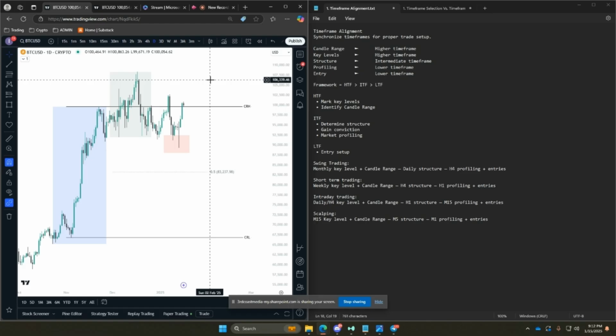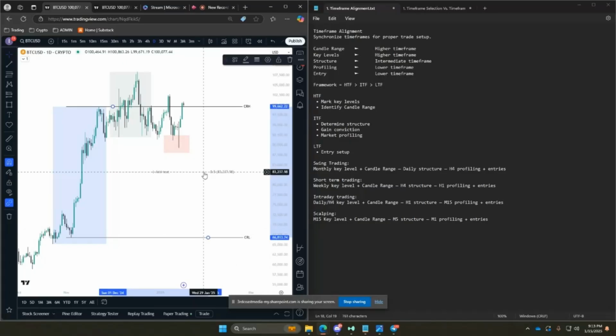So in the example we've been following, our higher time frame was the monthly chart, where we marked some key levels such as the candle range high and the candle range low, and then the equilibrium, or the middle point.